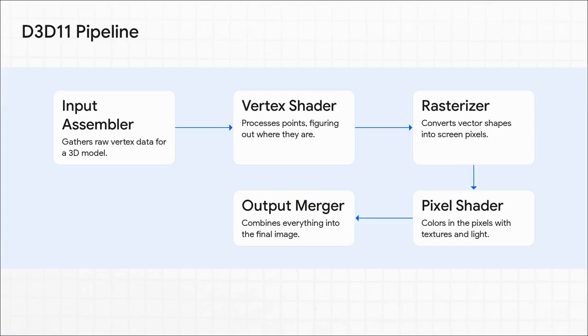Next, the vertex shader figures out where all those points go in 3D space. Then the rasterizer's job is to take those shapes and figure out which pixels on your screen they cover. Now for the fun part. The pixel shader comes in like a master artist and colors in every single one of those pixels. And finally, the output merger takes that finished image and puts it on your screen.